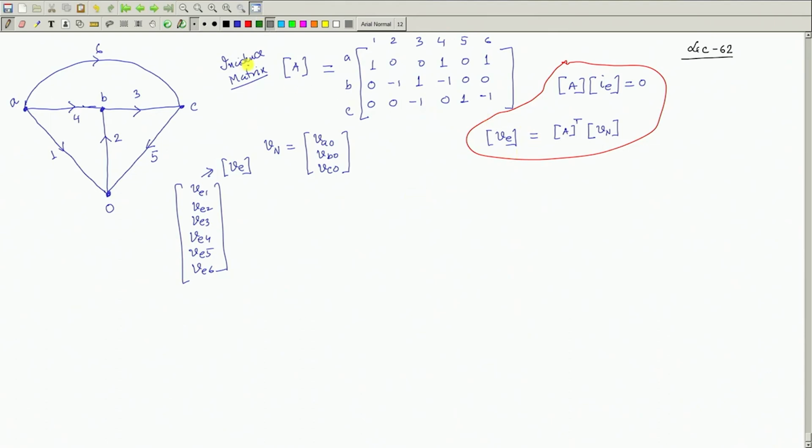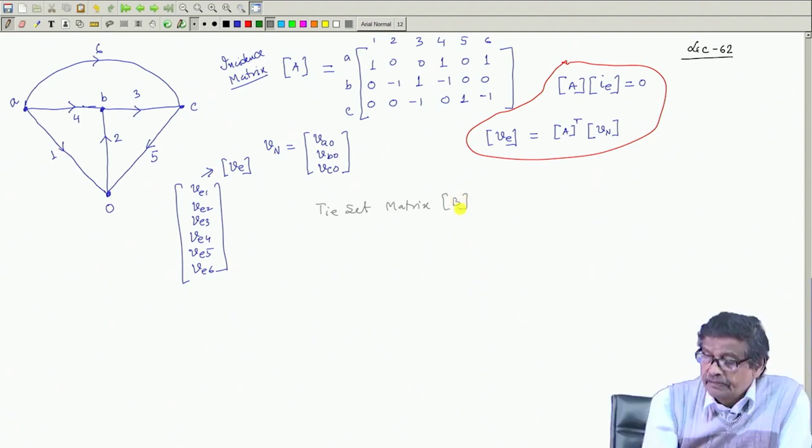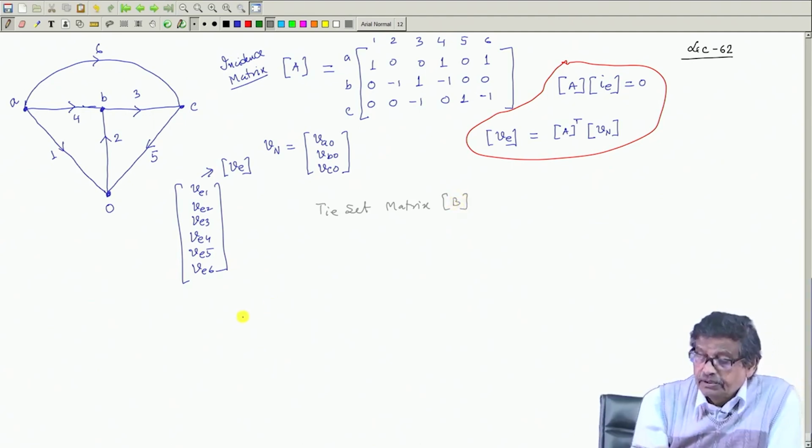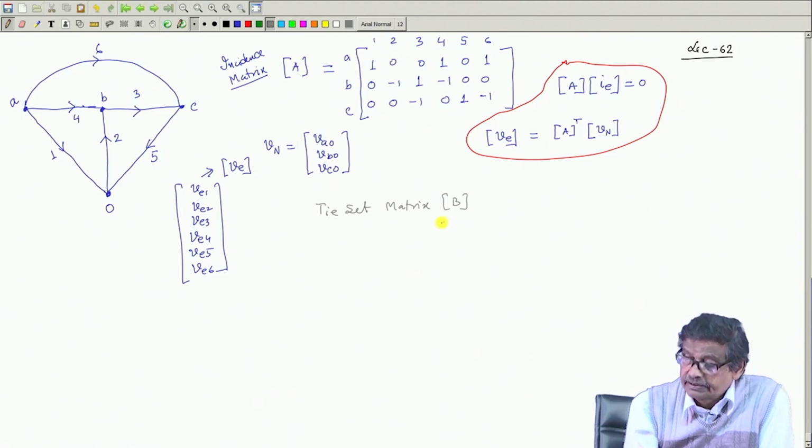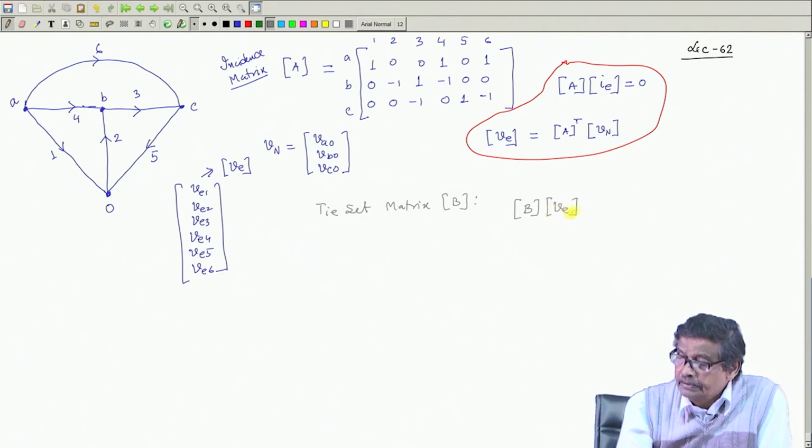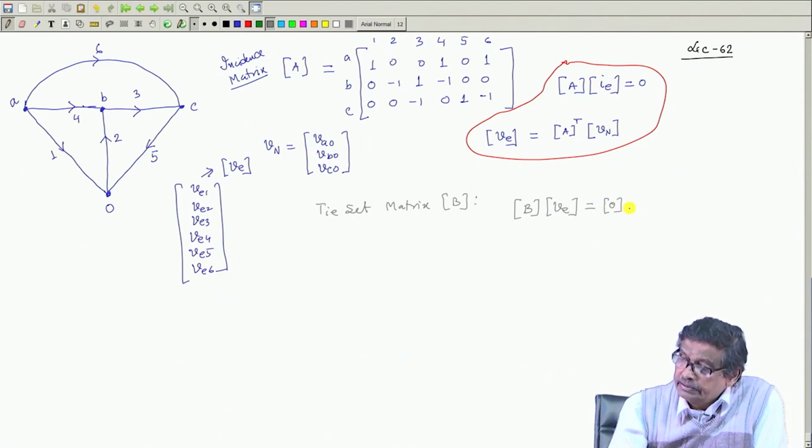So this is the incidence matrix, and the tie set matrix was defined as B, and for that you have to form the tree and so on. And then these two equations were obtained: B into VE is equal to 0. This is the KVL equation in fundamental loops.